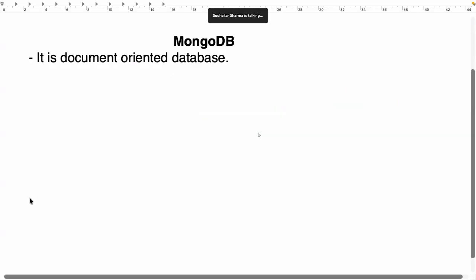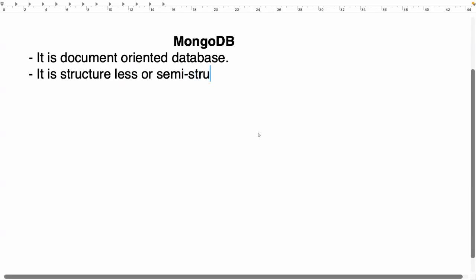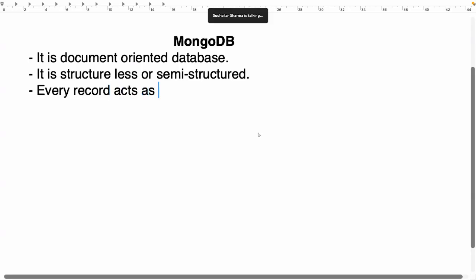So MongoDB is document oriented, which means it is structureless or semi-structured, and every record acts as an individual document.